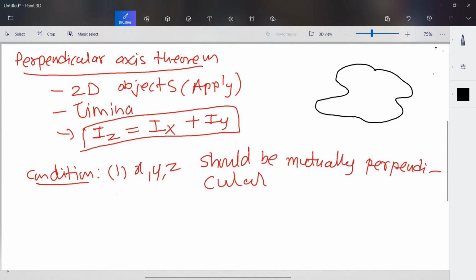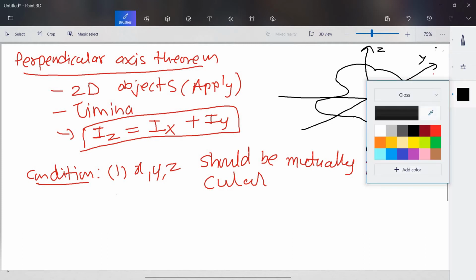This is actually the z axis which we have, this will be our x axis, and this will be the y axis. So you can see here, all the axes x, y, z are perpendicular to each other, mutually perpendicular, we can say this.